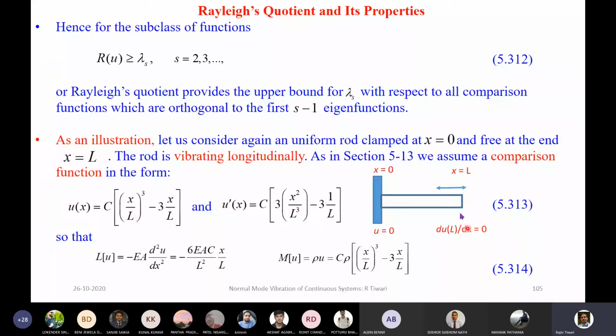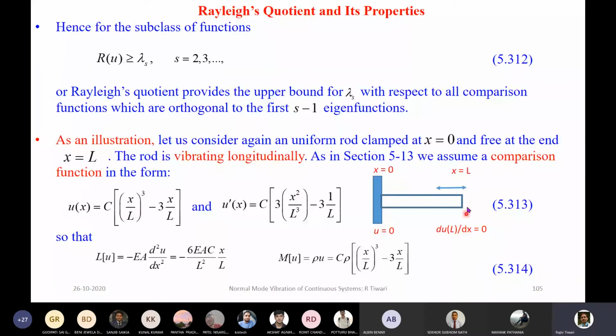Now we are choosing a comparison function. You can see the choice of the comparison function here. What is the requirement of the comparison function? It should satisfy the geometrical condition and the natural boundary condition. The geometrical condition is that when x is equal to 0, u should be 0. If you put x equal to 0 here, it becomes 0, so it is satisfying the geometrical boundary condition.